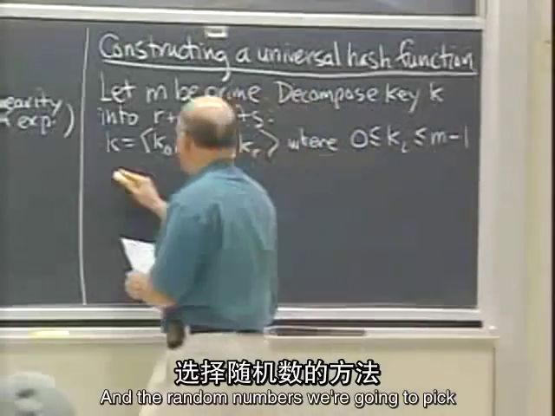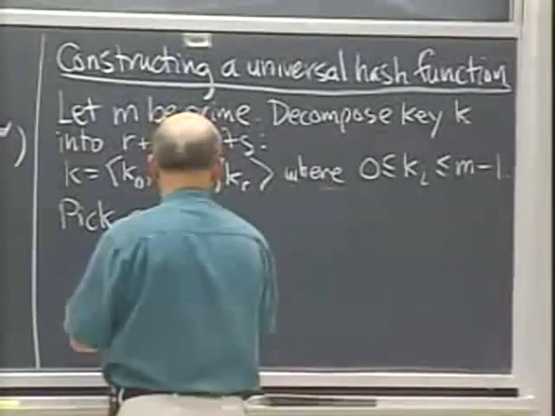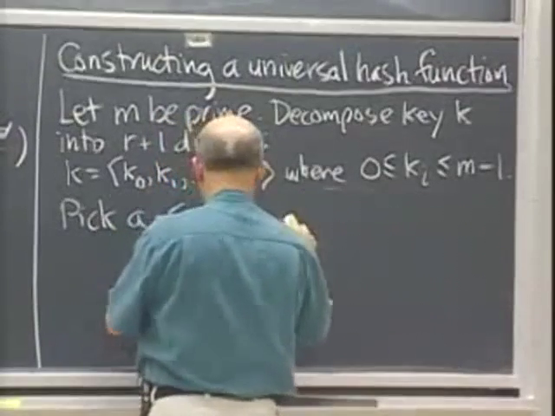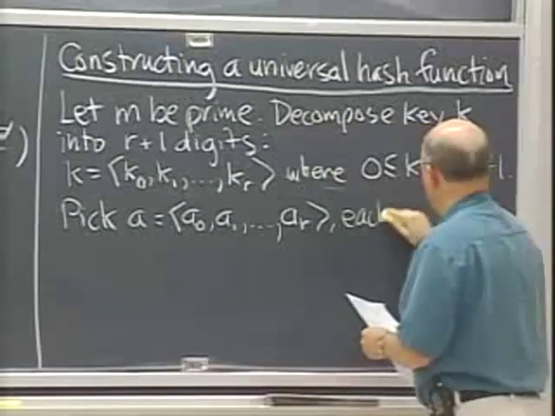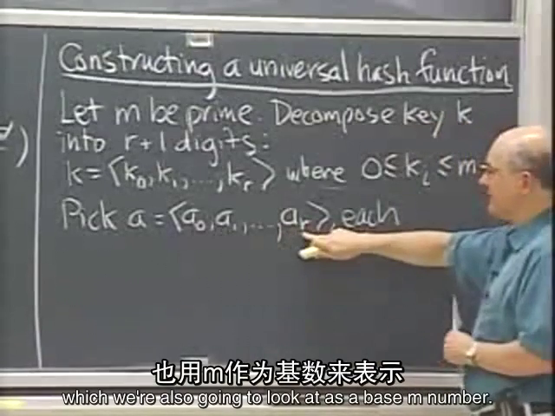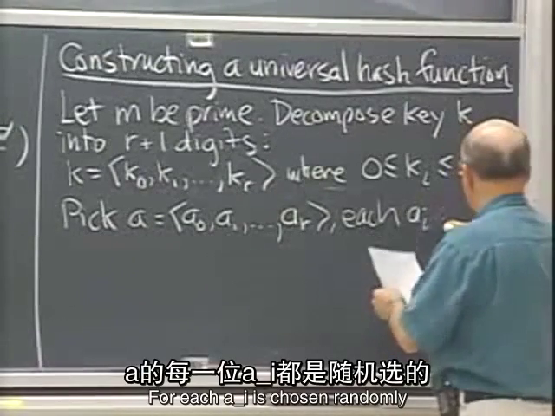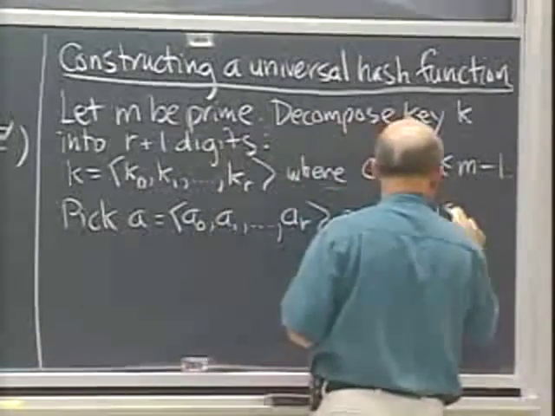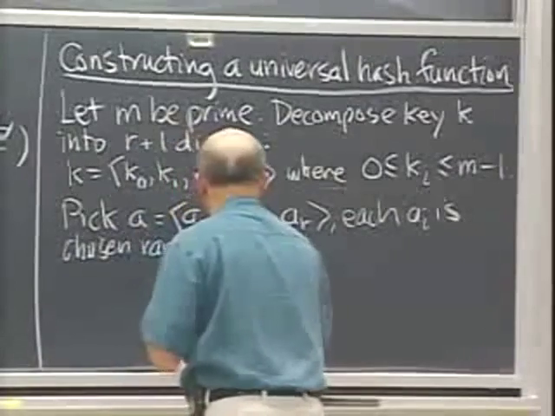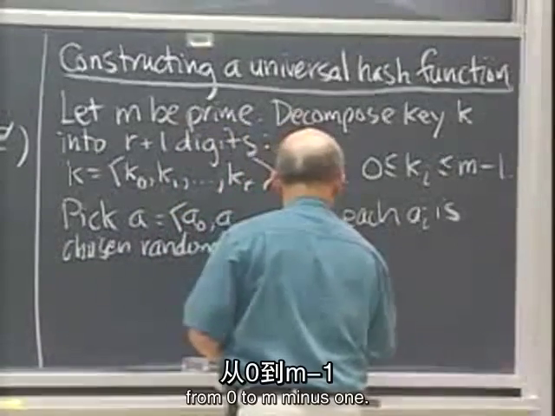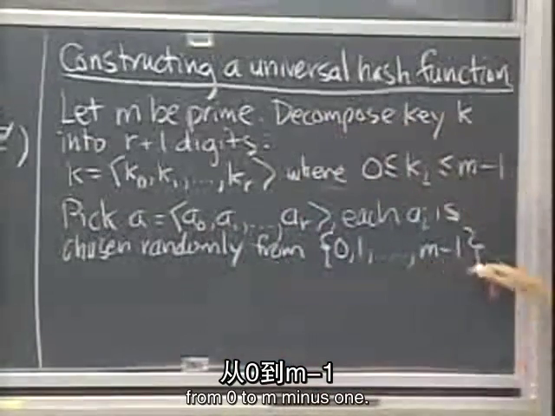The random numbers we're going to pick: we're going to pick an A at random, which we're also going to look at as a base m number, where each a_i is chosen randomly from 0 to m minus 1.